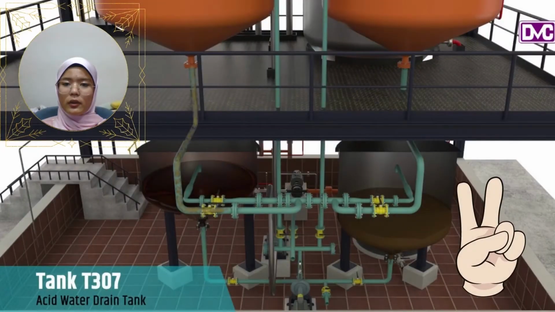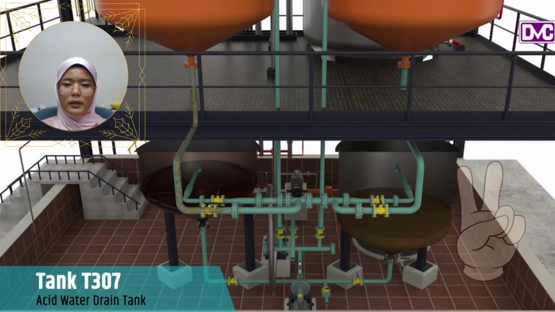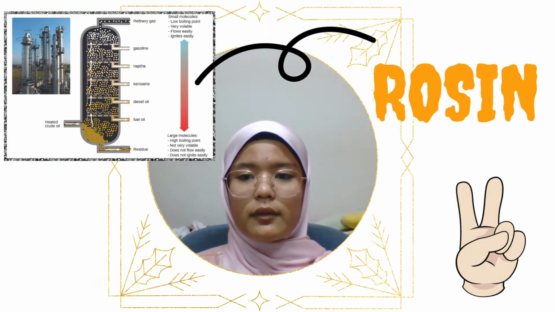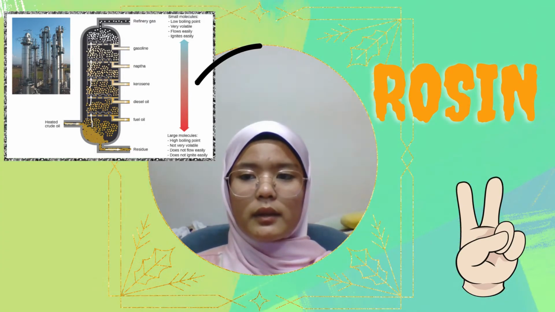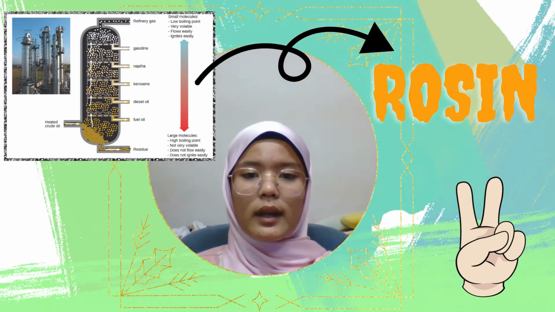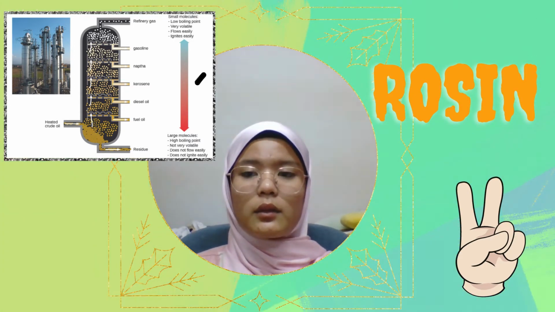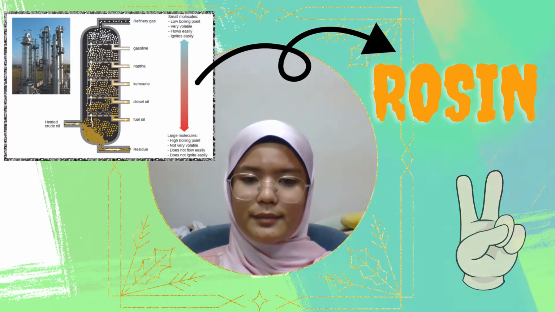The top layer known as tall oil soap is skimmed off. The tall oil soap then goes to the acidulator to undergo the acidulation process. This is where sulfuric acid reacts with the tall oil soap to form crude tall oil. The crude tall oil is distilled into 5 different components of different boiling points, and one of them is tall oil rosin, which is added to the paper pulp in order to increase resistance against water and other liquids.